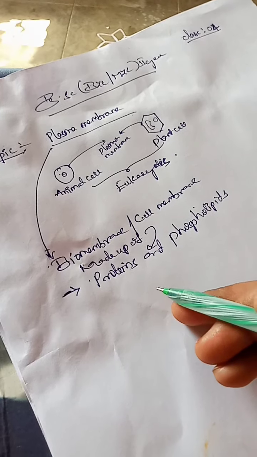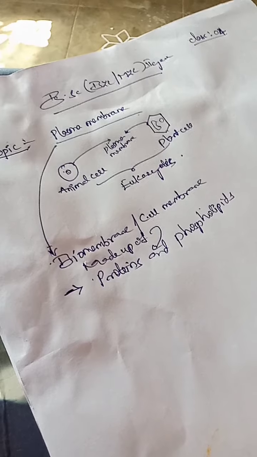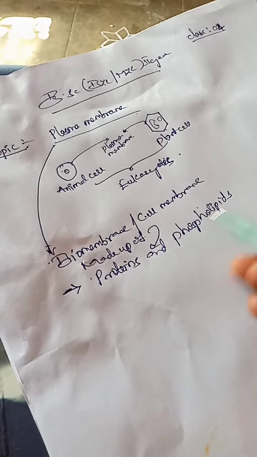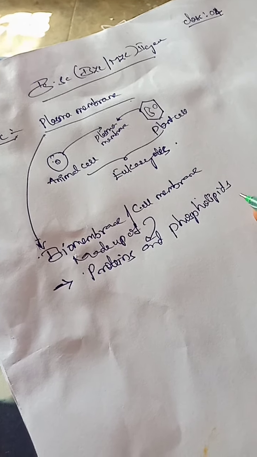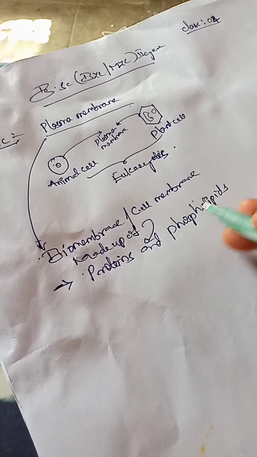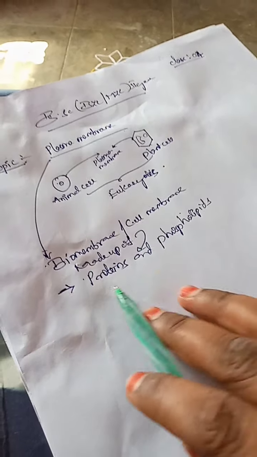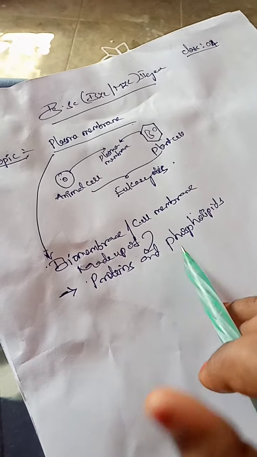We'll discuss the entire process in detail in the next molecular biology classes. Phospholipids are diglyceride fats. How the molecules are attached and how it is formed, we'll discuss in the next class. However, the plasma membrane is made up of proteins and phospholipids.